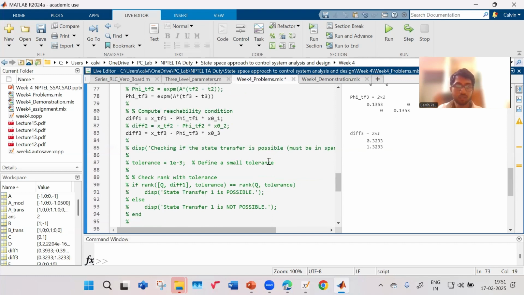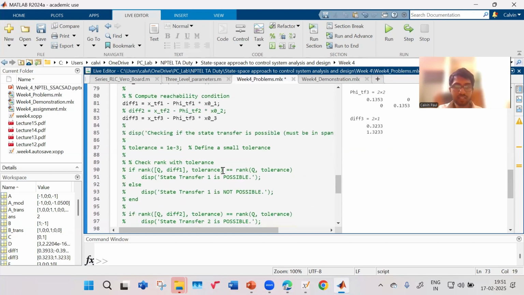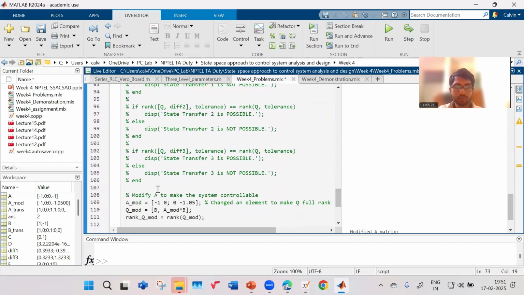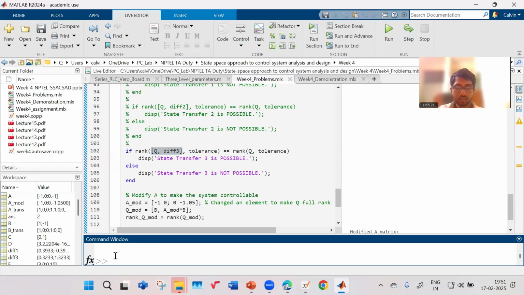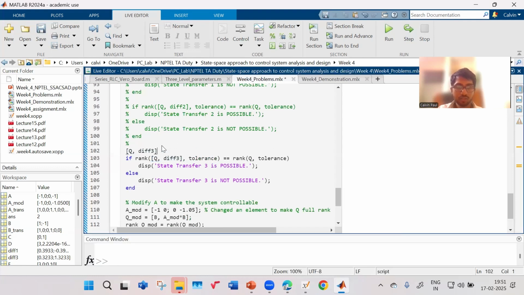Okay. So another way we can check is the rank of Q. That is given here. If the rank of Q and difference of 3 and that tolerance. So let us see what this Q and difference of 3 are.